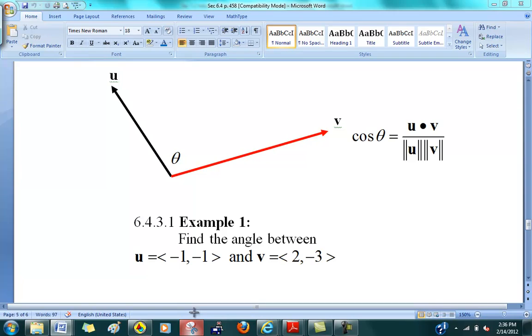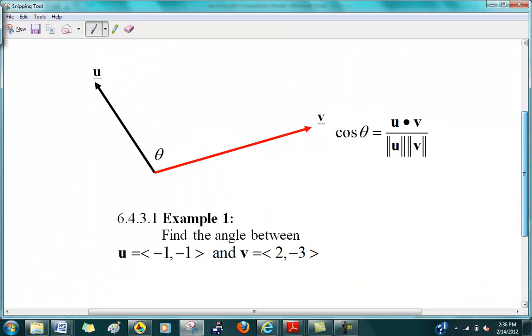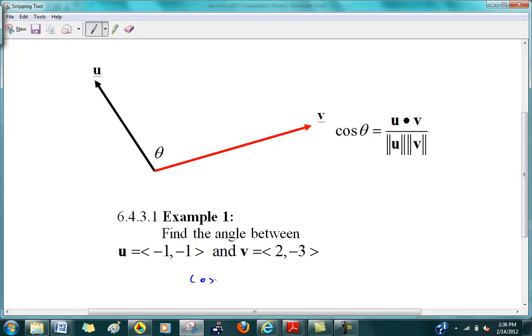So here's an example. Okay, so the angle between these two vectors, cosine theta, is equal to u dot v. So u dot v is -2, that's this times this, plus 3, which is this times this, over the magnitude of u. So remember, the magnitude of u is going to be square root of -1 squared plus -1 squared times the magnitude of v, which is going to be the square root of 4 plus 9.